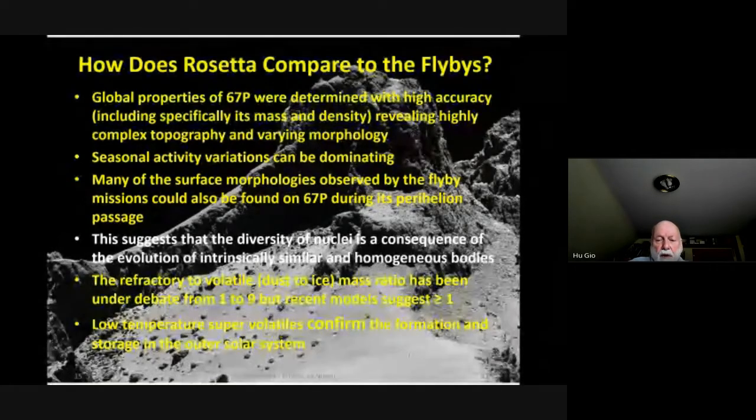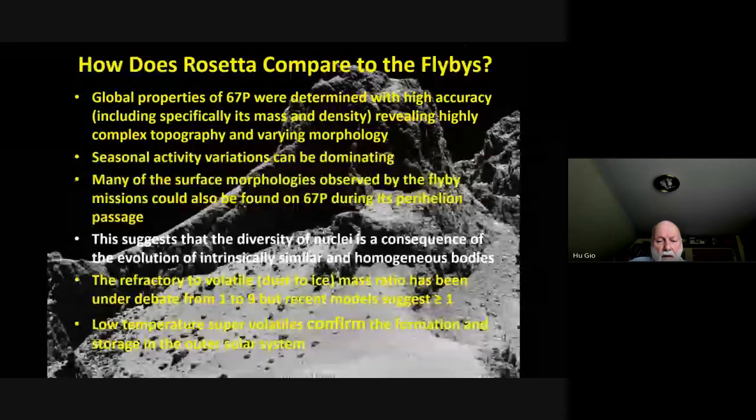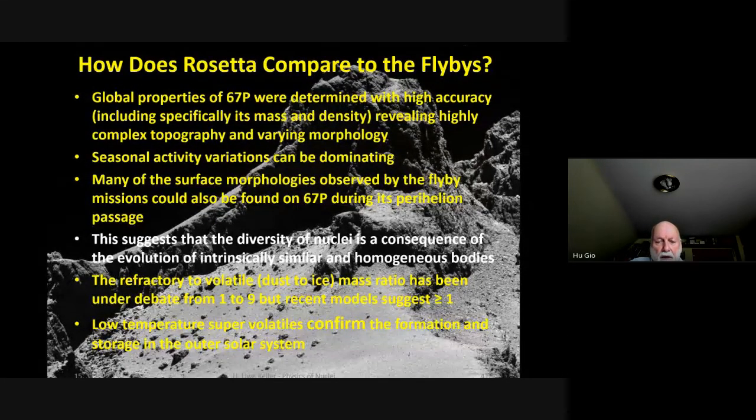But I think recent models clearly suggest that the ratio is somewhere in the order of 1, and small, or maybe somewhat larger than 1, but clearly near to 1. This may be, or is obviously, in contradiction to some other opinions.